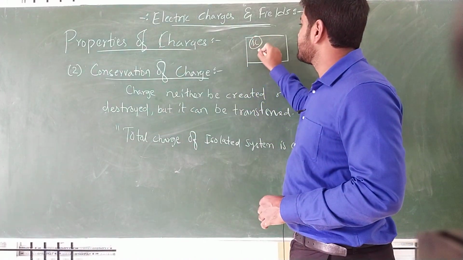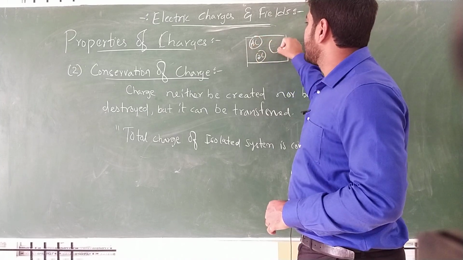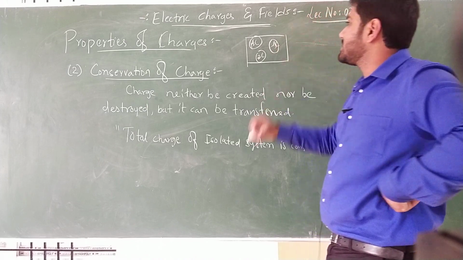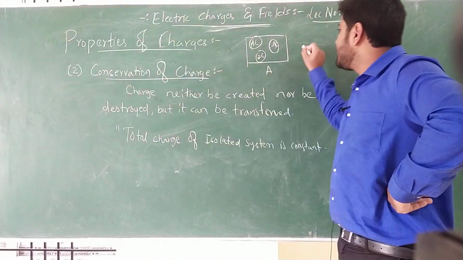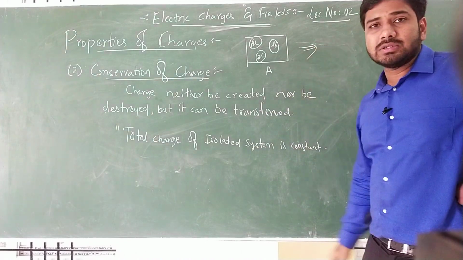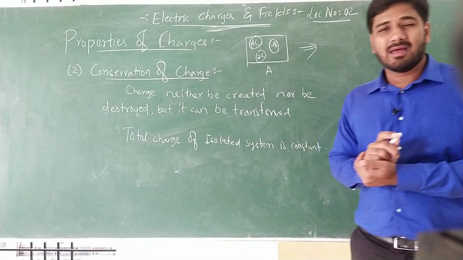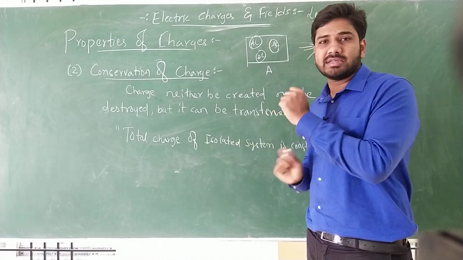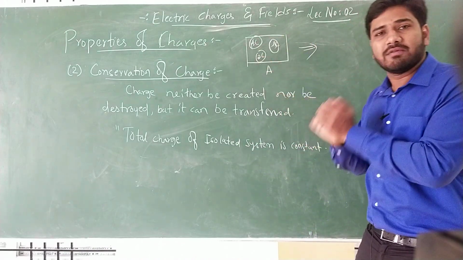1 coulomb, 2 coulomb, plus 2 coulomb, plus 1 coulomb, minus 1. So this much charge is there in this isolated system. This is system A. What I will do is shake it, I will do something with this system.